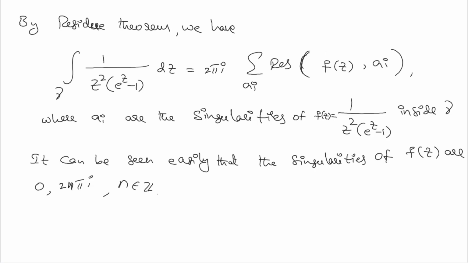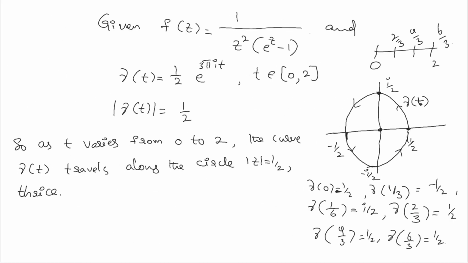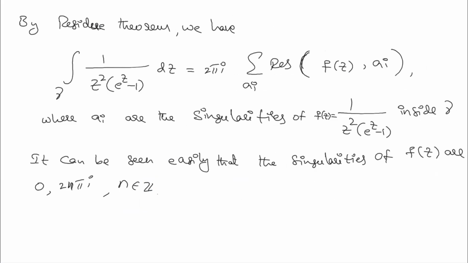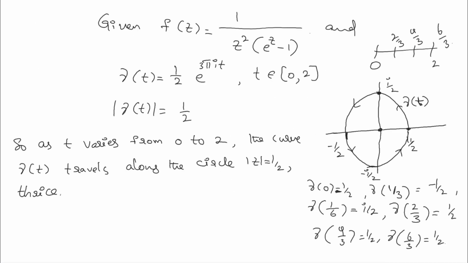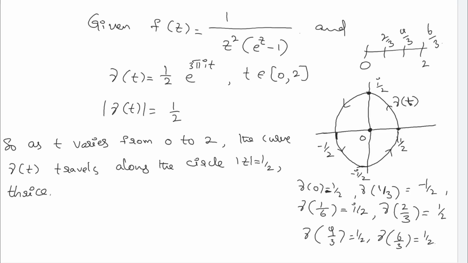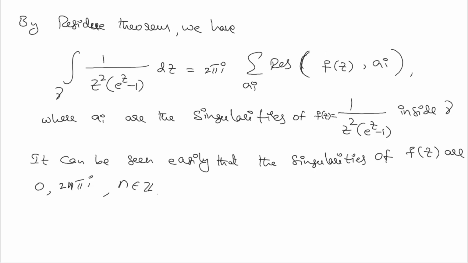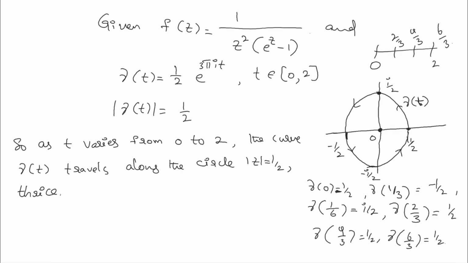out of all these singularities of the function f of z, how many lie inside this closed curve gamma? That can be seen easily by this graph. We can see obviously the point 0 lies inside this closed curve gamma, and coming to the second singularity 2πi, that lies outside the closed curve gamma.